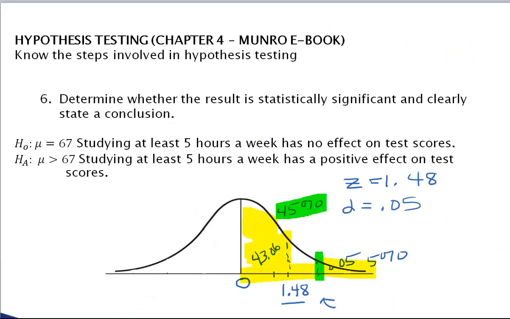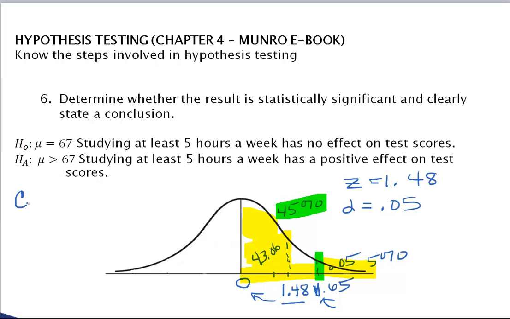So this z-score, where for the critical value 1.65, it would start here. And this is close enough to the mean, and it's not in the rejection region, meaning it's close enough to the mean that we cannot reject the null hypothesis.